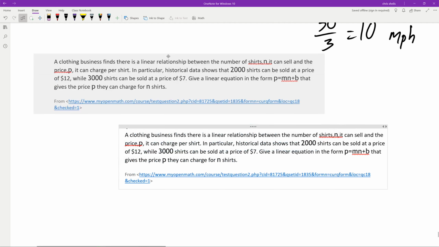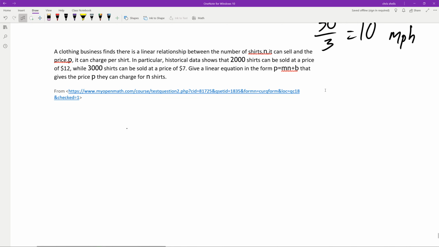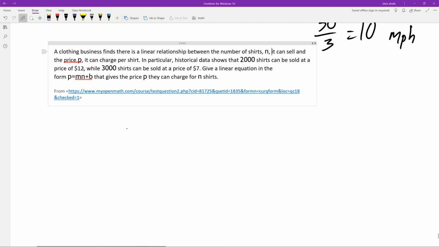Okay. A clothing business finds that there is a linear relationship between the number of shirts N it can sell and the price P it can charge per shirt. In particular, historical data shows that 2,000 shirts can be sold at a price of $12, while 3,000 shirts can be sold at a price of $7.